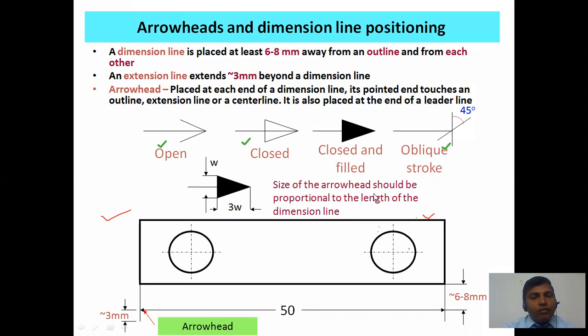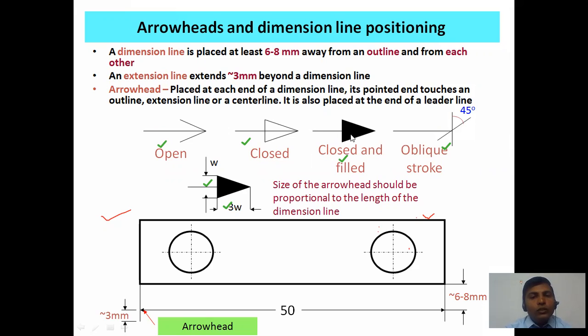So what is the size of the arrow? Proportionate length. This is called the head of the arrow, and this is called the spread. This arrowhead to spread should be 3:1. It can be shown by using the extension line, and approximately your arrow should be like this.